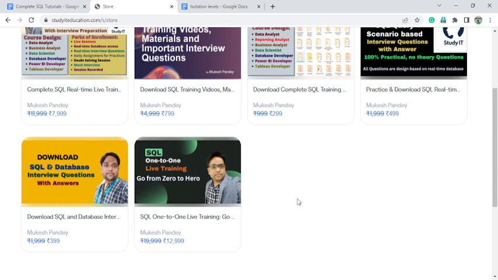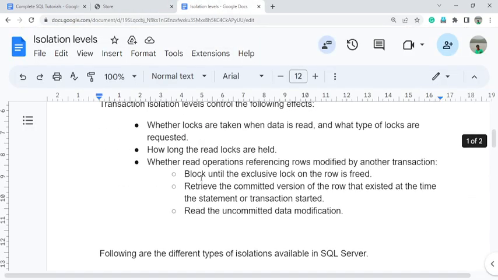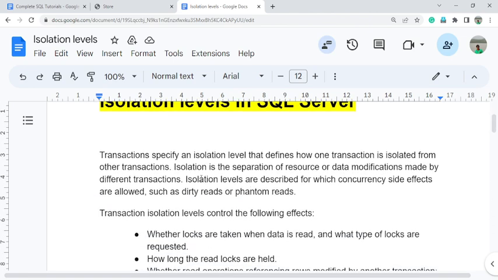Let's start by understanding what exactly the isolation level is. The main use case of the isolation level is to increase performance, in the sense of avoiding deadlock. It also helps avoid some types of phantom read and non-repeatable read.